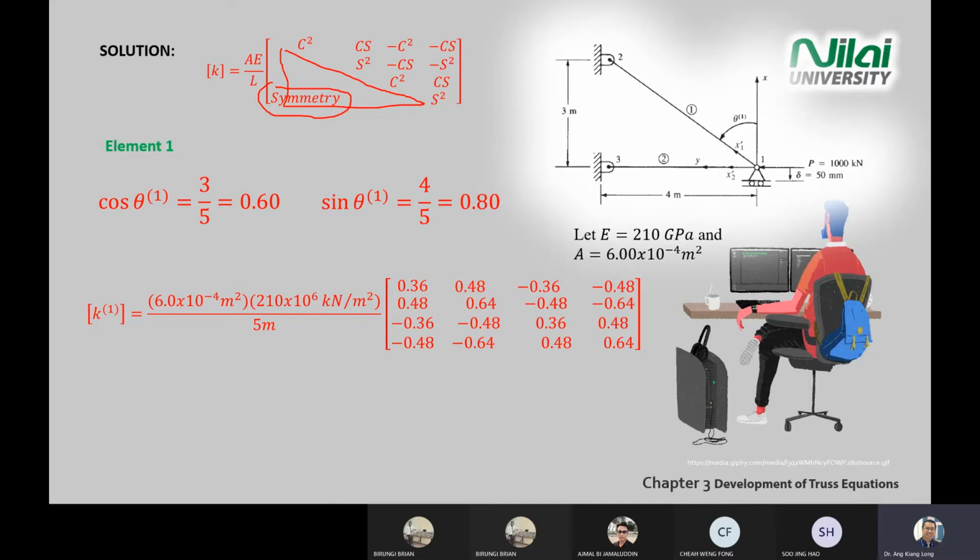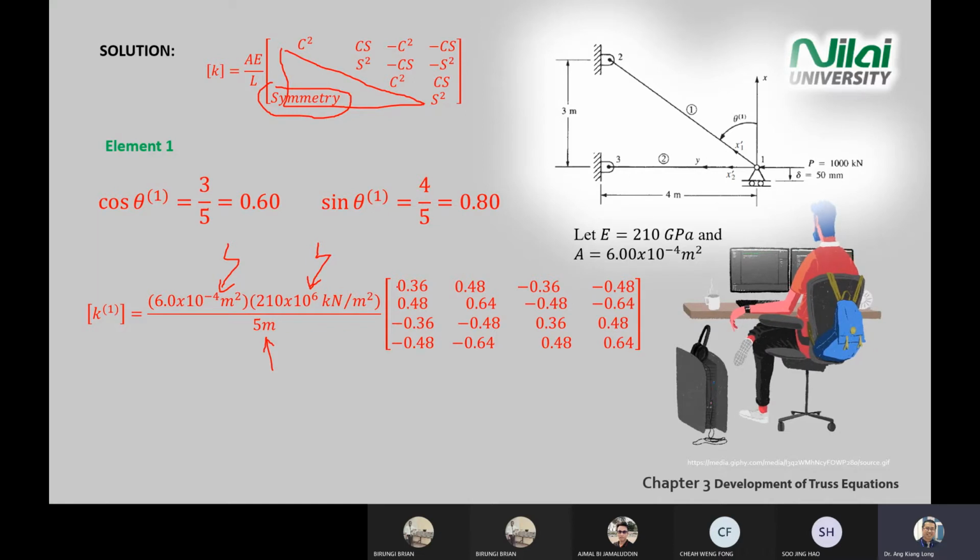All right, you just substitute the area. Area is given, elasticity modulus is given. Length is not given; length is calculated just now. So you fill in all the values here. When you fill in the values, check this diagonal direction, all is positive.